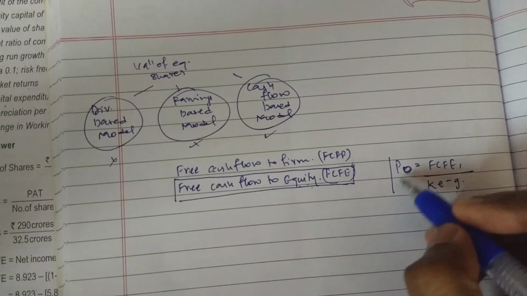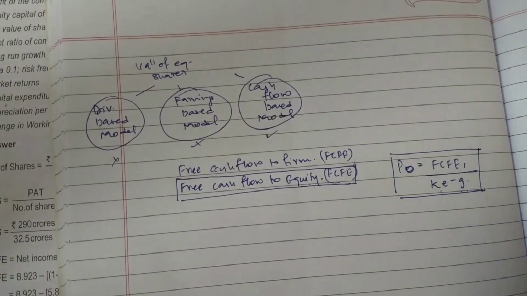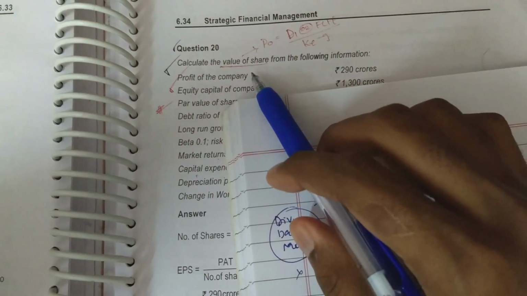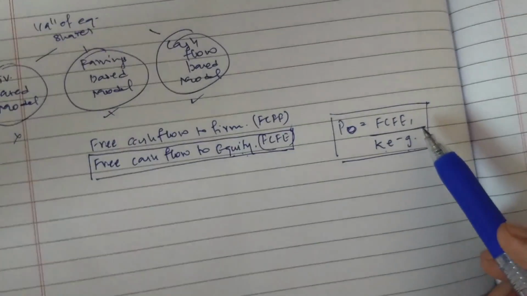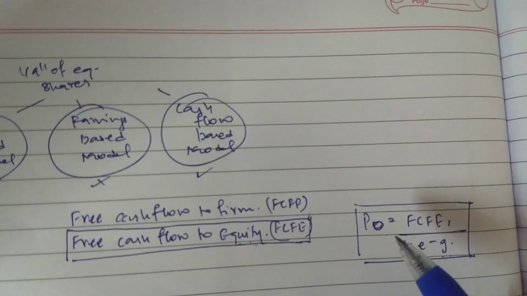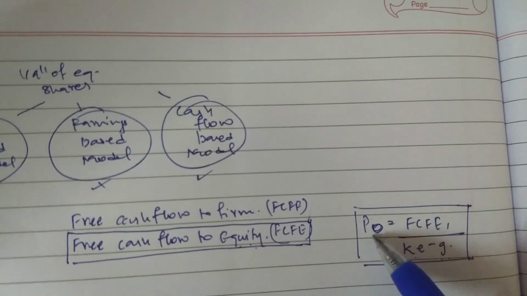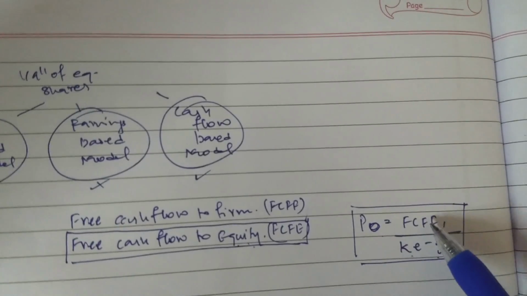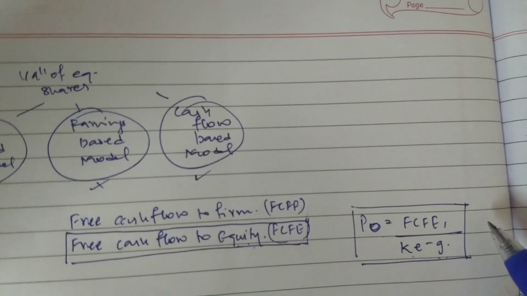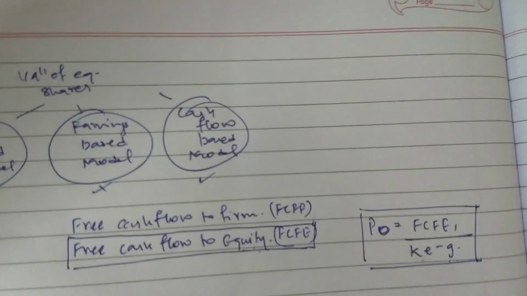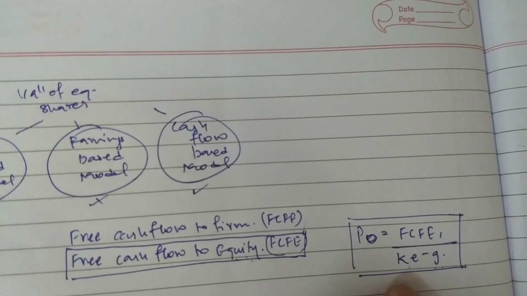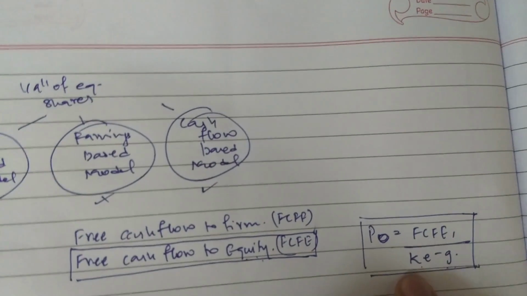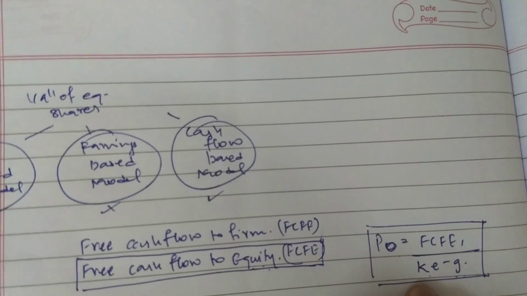So finding this gives you the value of share, which is the requirement of our question. We wanted to calculate the value of share, and this helps us do that. The concept behind this formula is that the value of the share today depends upon the free cash flow that is running into the equity shareholders' hands, which is determined by the required return, or the cost of equity.